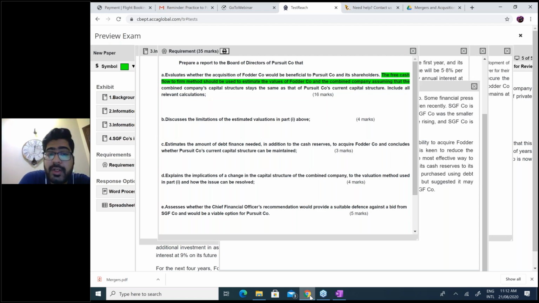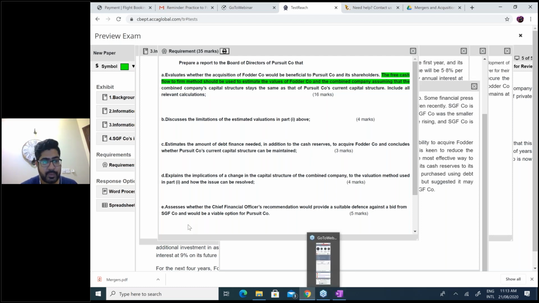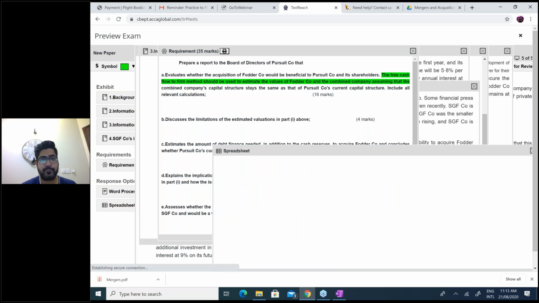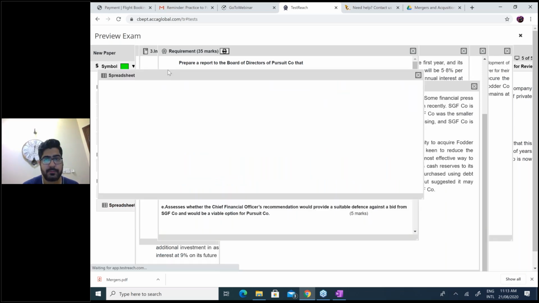So now you don't need to worry that I don't know what to do in the first line. We will get the solution, but firstly you have got a crystal clear line of action that you need to use the free cash flow to company method to estimate value of Fodder and combined company. Okay, so I will start the question, opening my response.